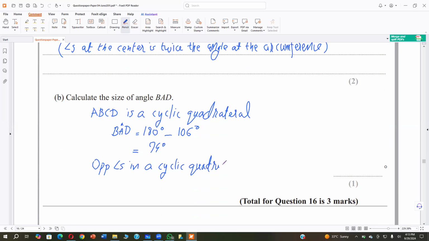Opposite angles in a cyclic quadrilateral are supplementary. Look at this answer and compare it with your answer. I got the same. Good.